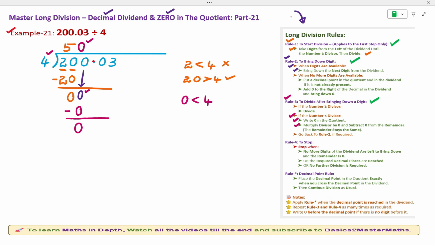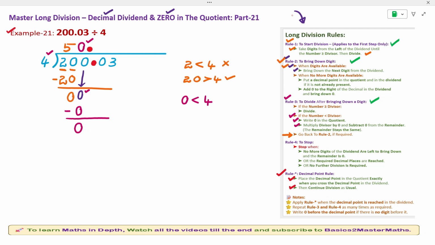Observe, we have reached the decimal point in the dividend. So, as per decimal point rule, place the decimal point in the quotient and continue the division as usual. Let us go back and apply rule 2 again.